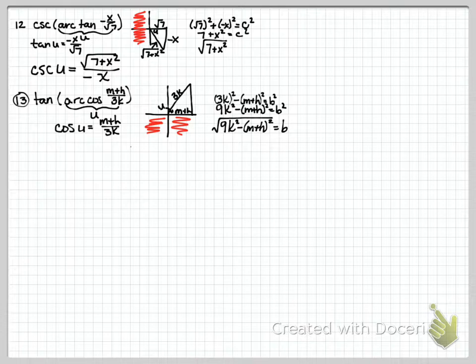And that's this right here. This side is going to be the square root of 9k squared minus the m plus h squared. That's all of that.